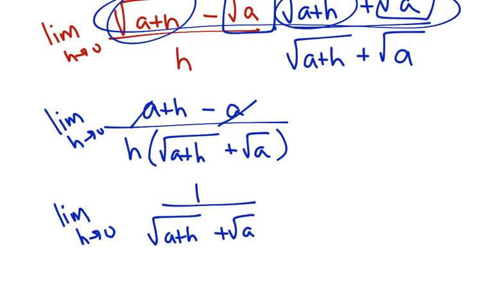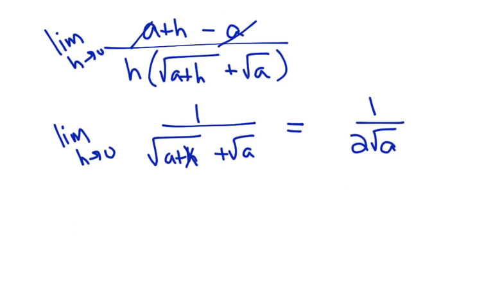And now I can plug in 0 for h. When I do, this goes away, and I'm left with 1 over 2 the square root of a, because I have 2 square roots of a. Now that I know the expression for the derivative, let's say I want to find the first derivative at 1.